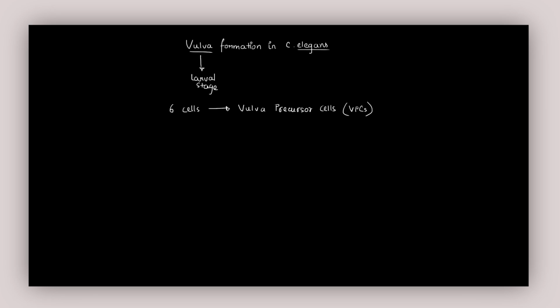Now, if we take a look at the C. elegans, the position of the cells, first we'll find the gonad. So this is the gonad, and just adjacent to the gonad we are going to get a cell which is called the anchor cell.